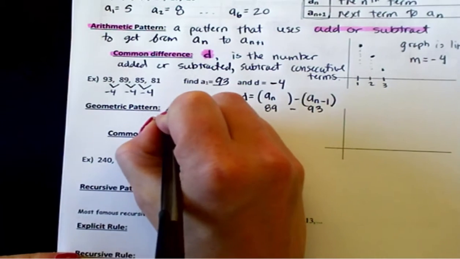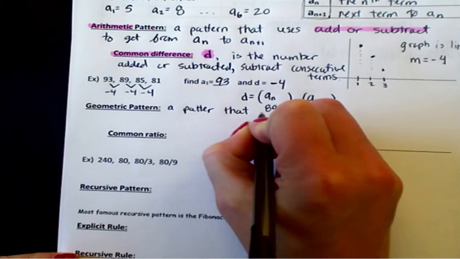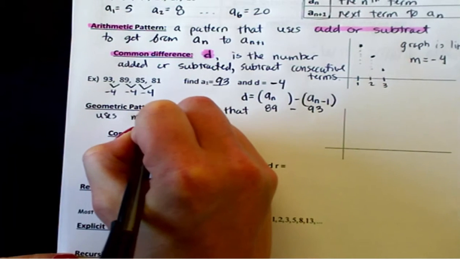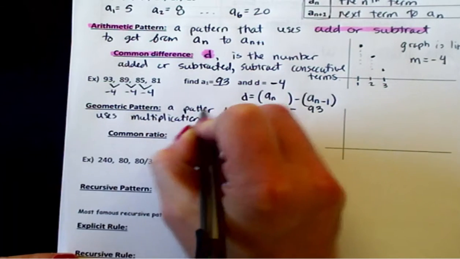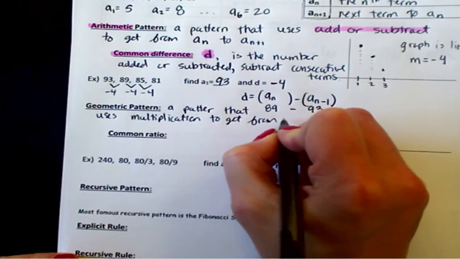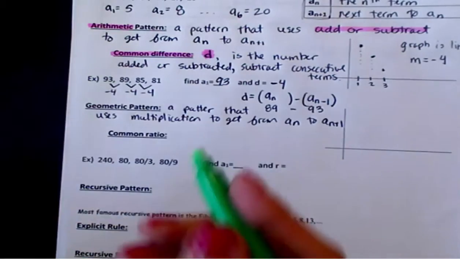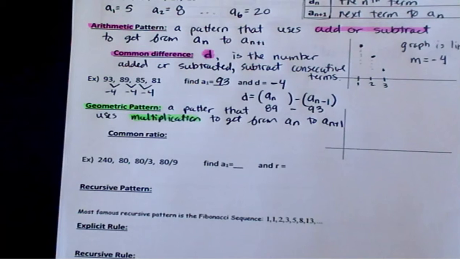A geometric pattern is a pattern that uses multiplication to get from a sub n to a sub n plus 1. I did not say divide on purpose. It's not part of the definition. Just multiplication.